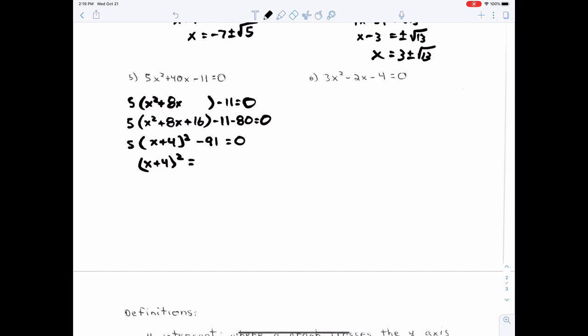I'm going to have to think about this one for a second. I think I might have made a mistake someplace. I'll worry about it later. Okay, so we have 91. And then I'll divide by 5. Yeah, this one's just going to be a little complicated, that's all.